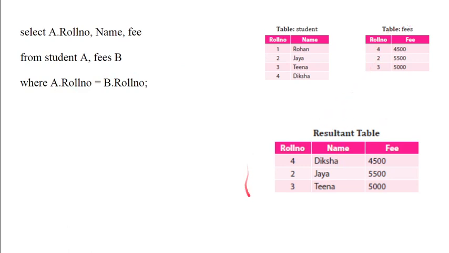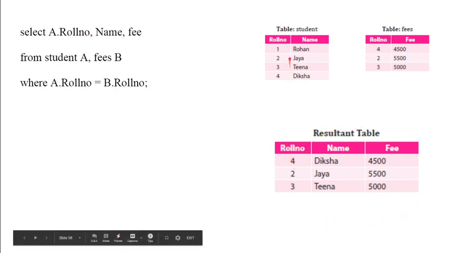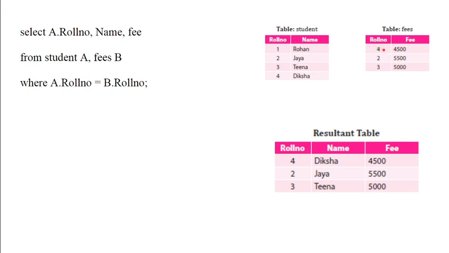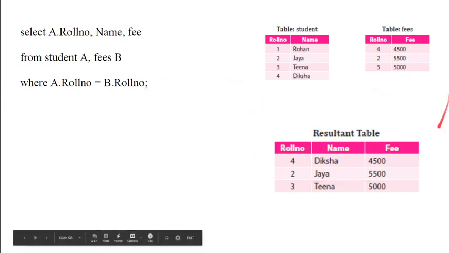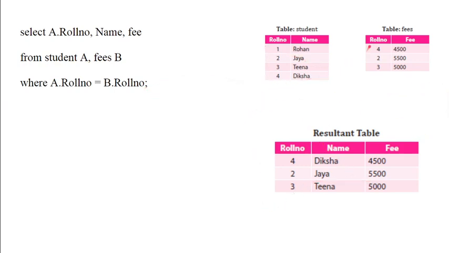So it will produce only the results where the roll number of the student table is equal to that of the fees table. Since this is a Cartesian product, if we avoid this statement, it will produce 4 into 3, that is 12 records.